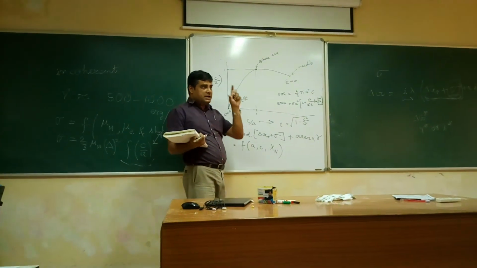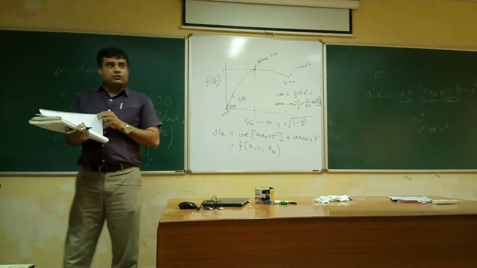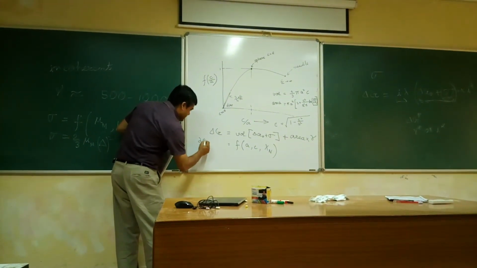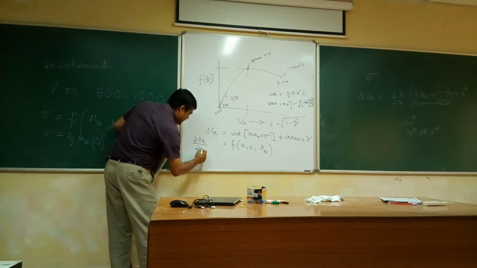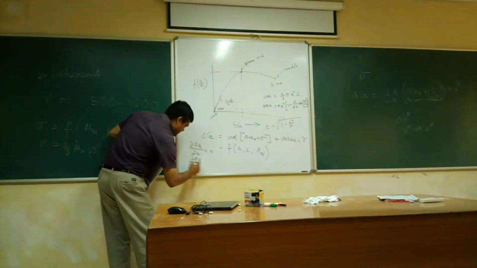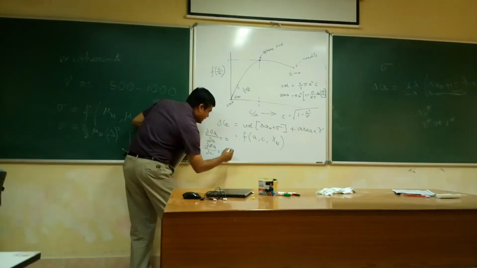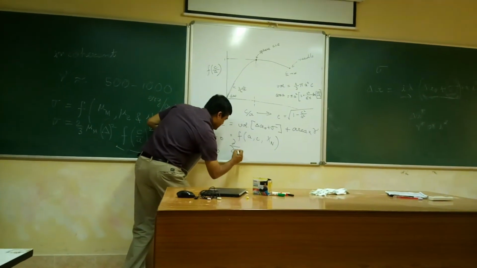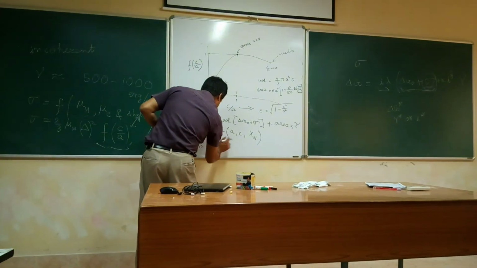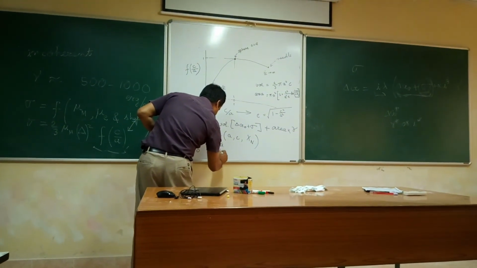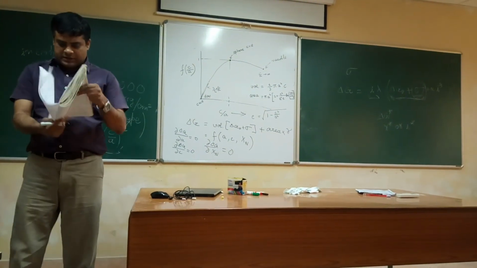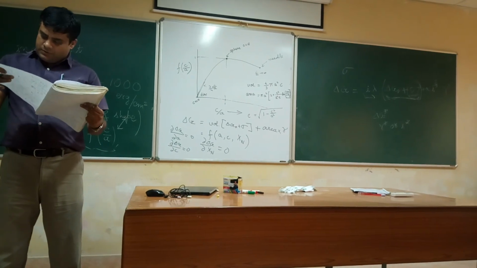So the saddle point will give you the delta G star. How to find the saddle point? You make delta G over delta A equal to 0, delta G over delta C equal to 0, and delta G over delta X equal to 0. The simultaneous solution of all 3 of these will give you the saddle point.